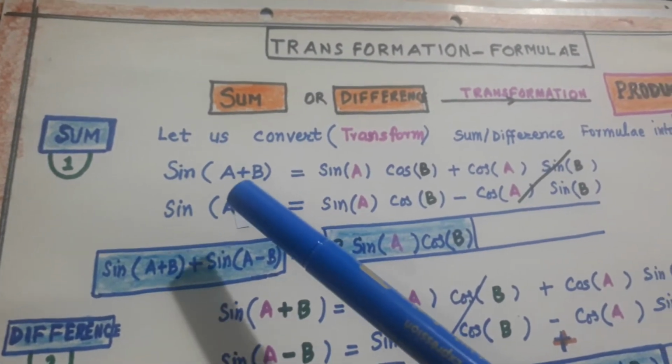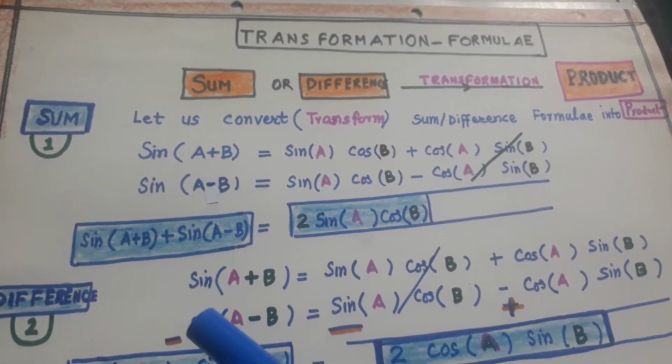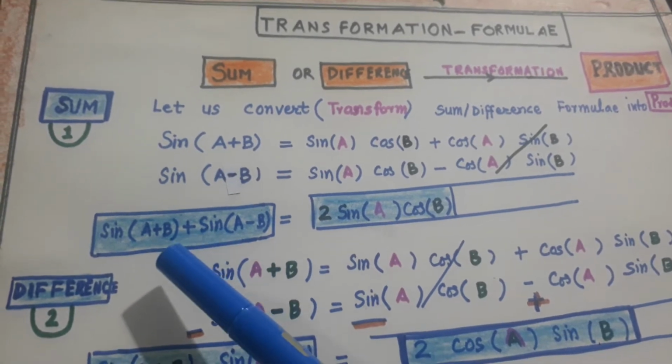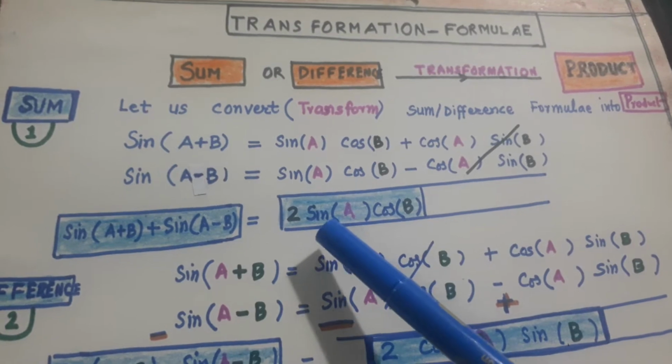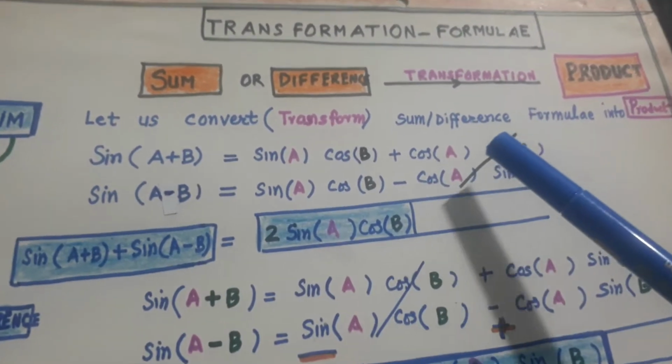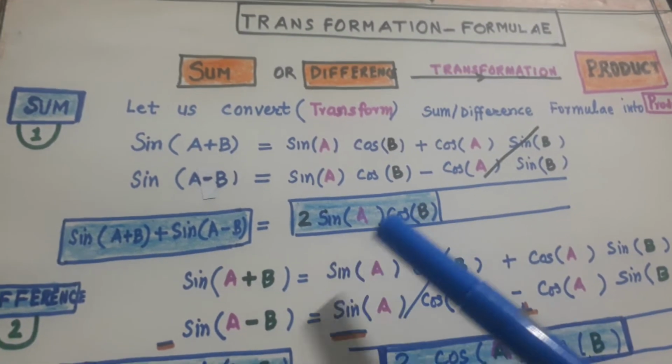Now let us make the sum of these. It becomes sin A plus B plus sin A minus B is equal to 2 sin A cos B. This term is cancelled up. So we get this.